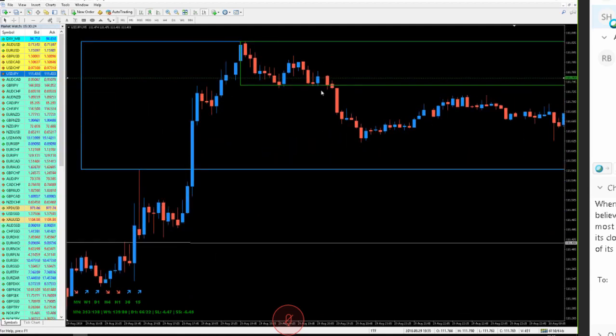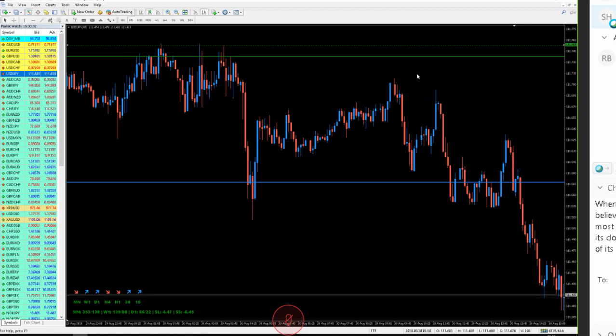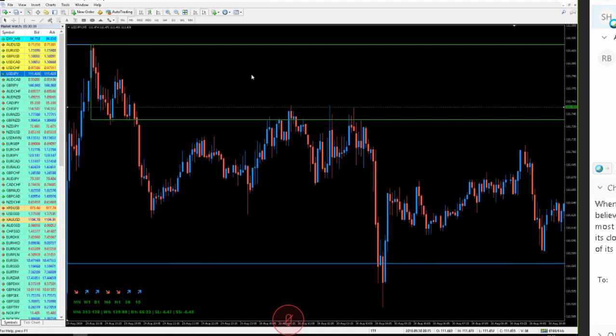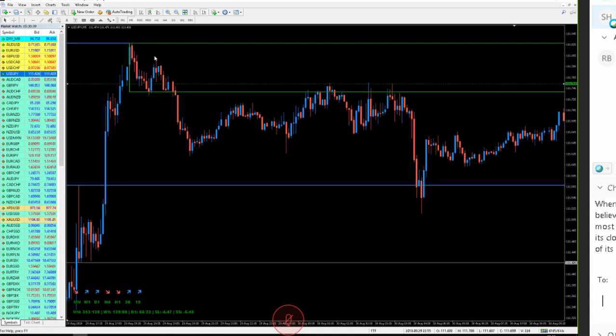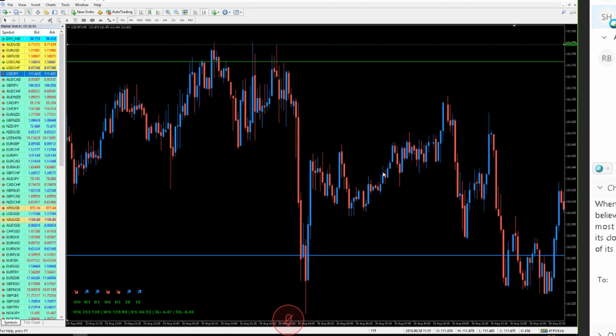Okay, so we had the top here, and price kept moving back, and this is where we saw it here. So we had this one, and this one, and this one, and all of the other ones. And these are important because you have to understand that, yes, we had a tiny one here, but you want to try and focus on the bigger moves. So we had this one here, like these major swings, because there's always going to be noise.